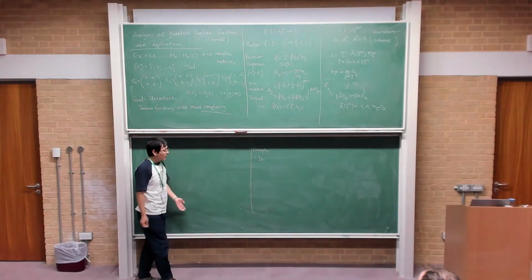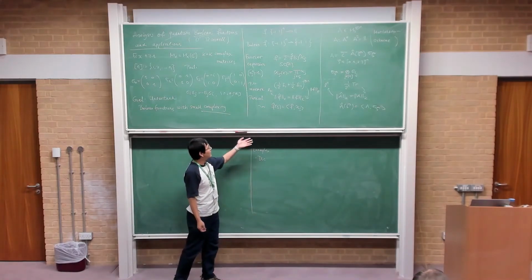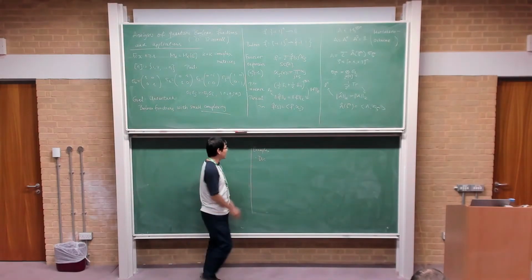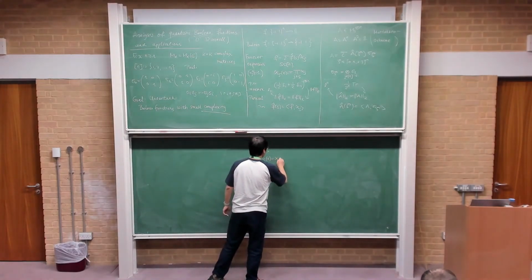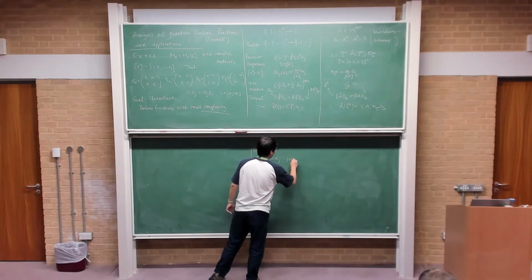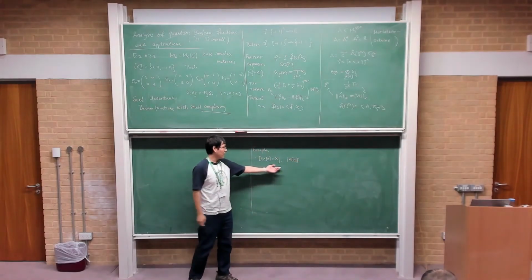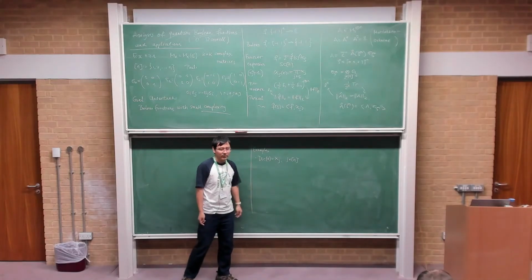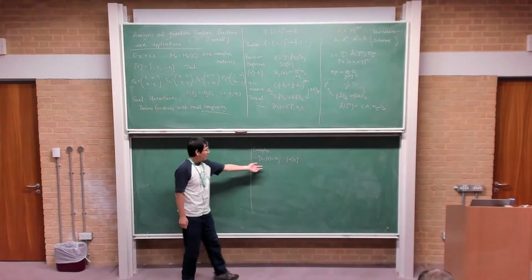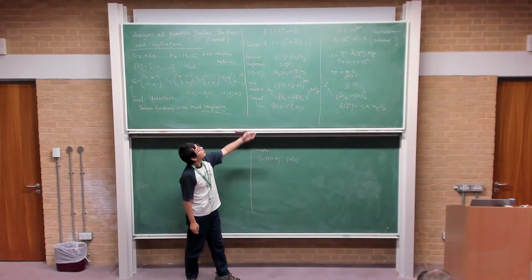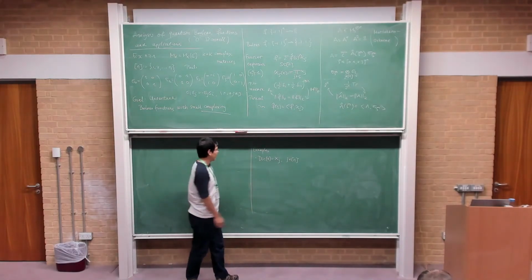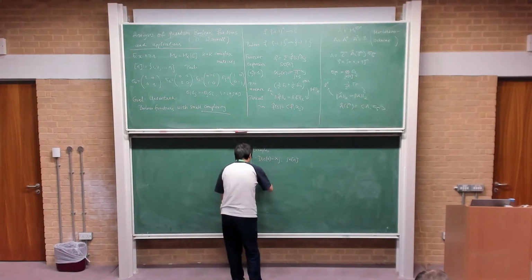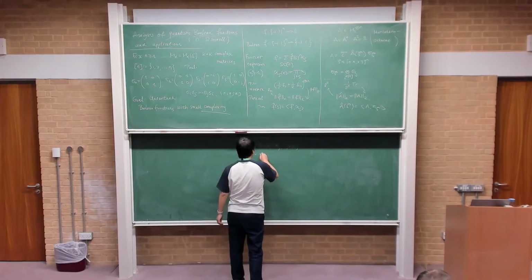By the way, these examples and much of the motivation for Boolean functions come from social choice theory or voting theory. Here, dictatorship means the whole election is dominated by a single person, the jth person. So this is certainly a very simple Boolean function. The next one is the majority.